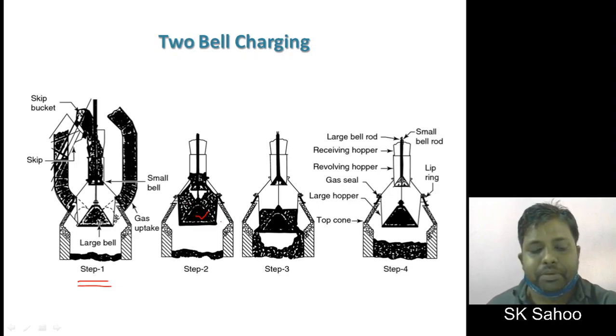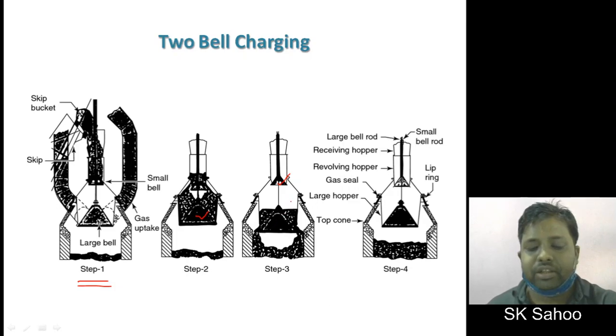In the third step, the small bell is closed and the large bell or the big bell is lowered to allow the burden to fall into the furnace. And in the fourth step, again both the bells are closed to repeat the charging cycle.